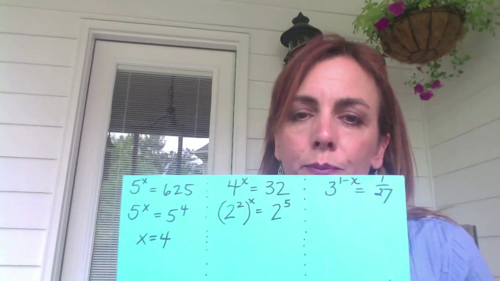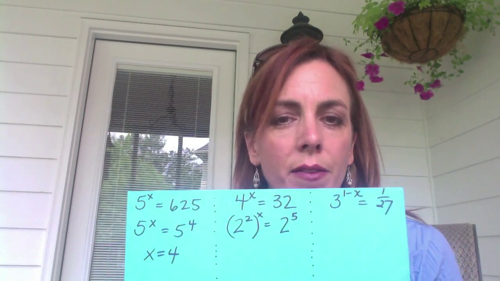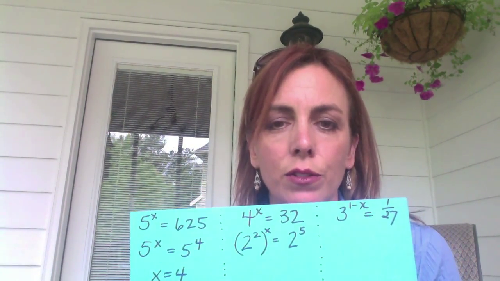4 is really the same as 2 squared, and 32 is 2 to the 5th power: 2, 4, 8, 16, 32. So we have 2 squared raised to the x is equal to 2 to the 5th.